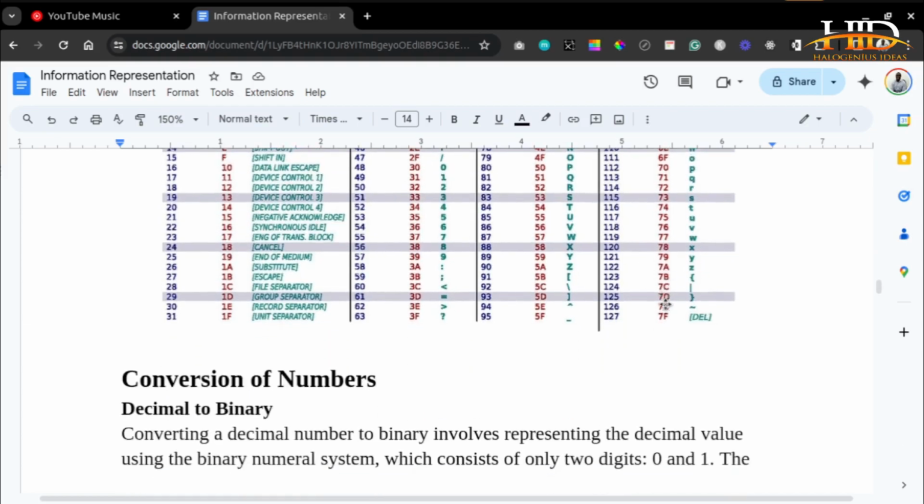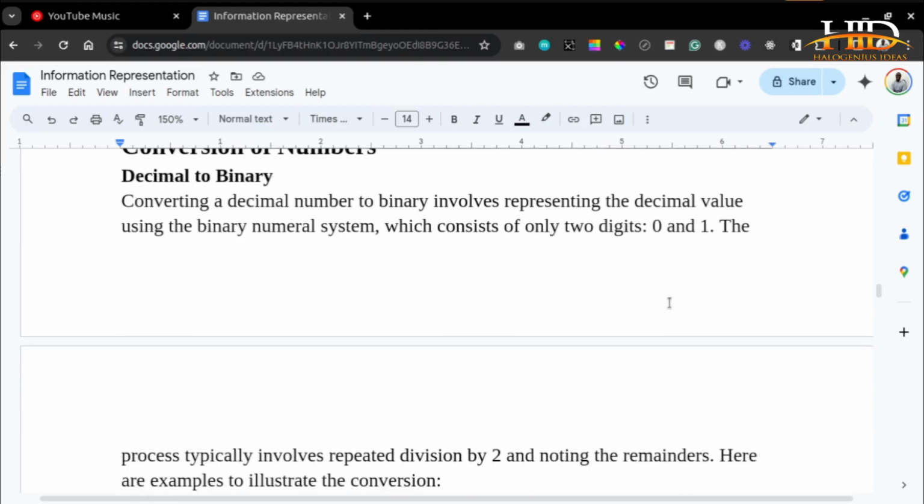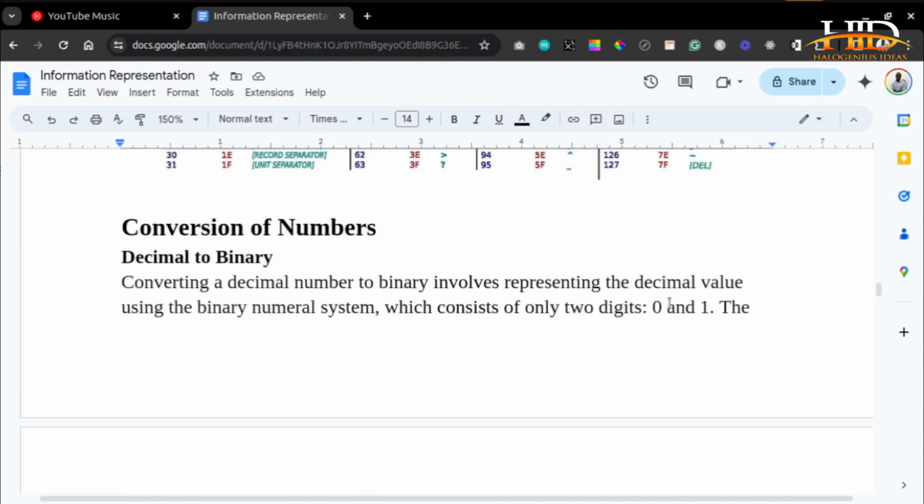So let's move on. Now, talking about conversion of numbers. The first one that we are going to be talking about is conversion from decimal to binary. Converting a decimal number to binary involves representing the decimal value using the binary numeral system, which consists of only two digits, 0 and 1.